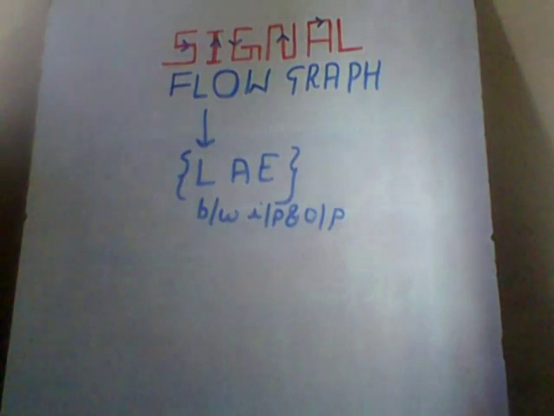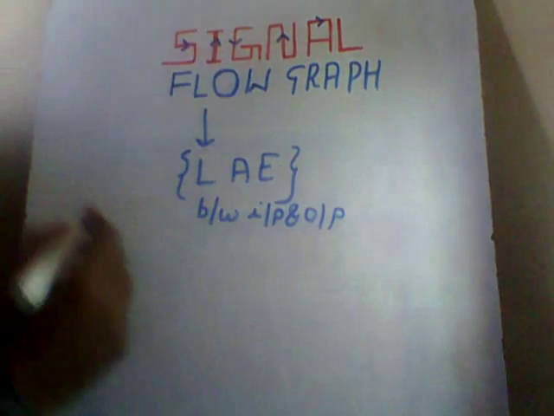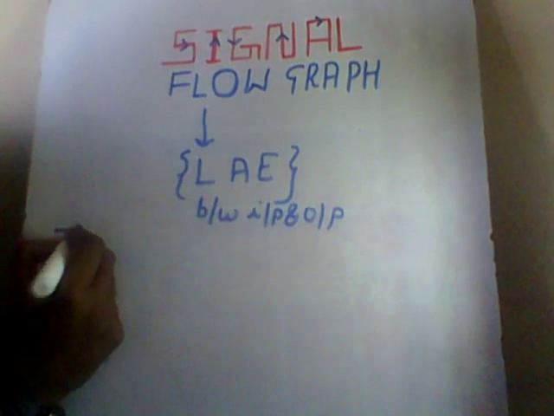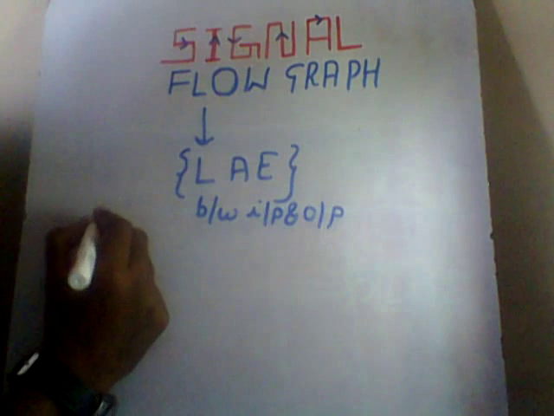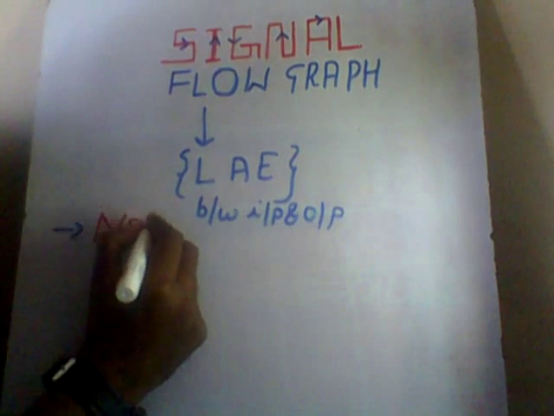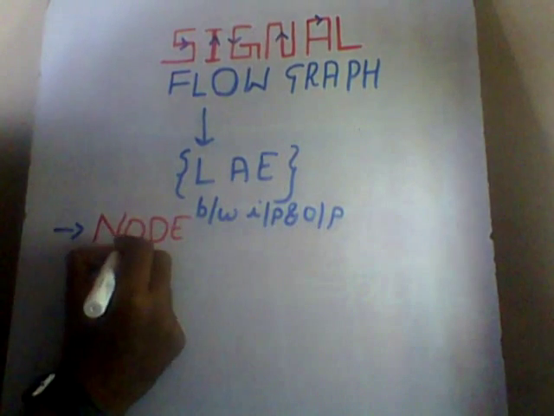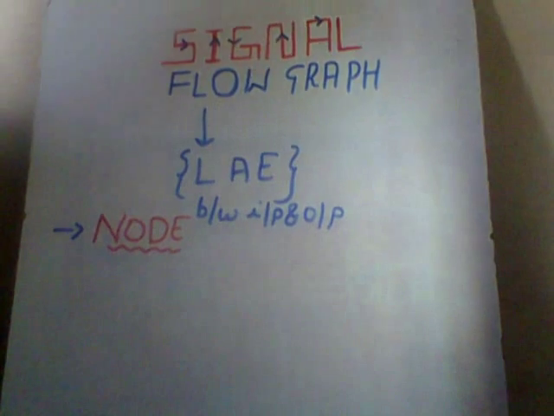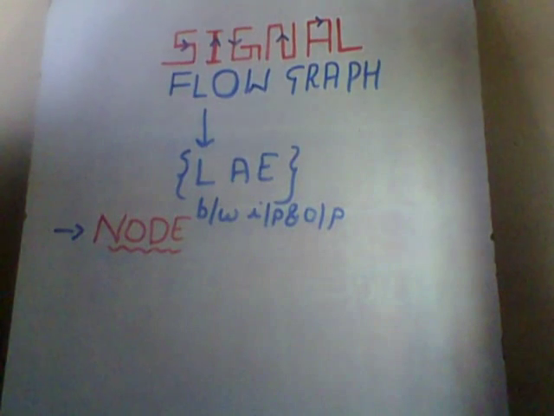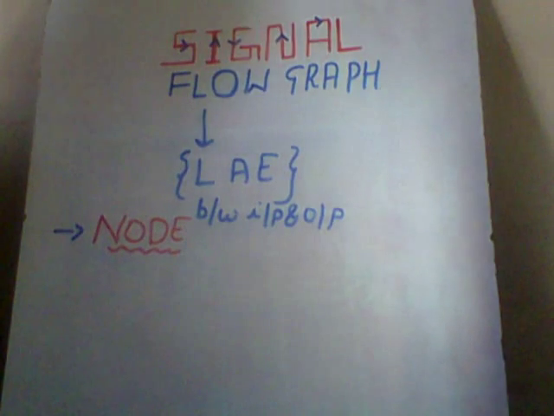First of all, what is a node? The nodes in the signal flow graph are variables. They may be either currents or voltages.